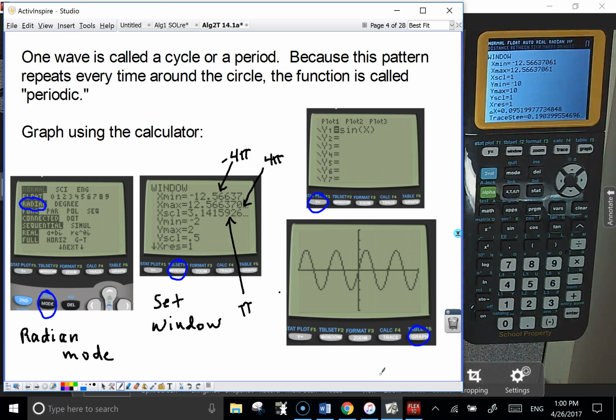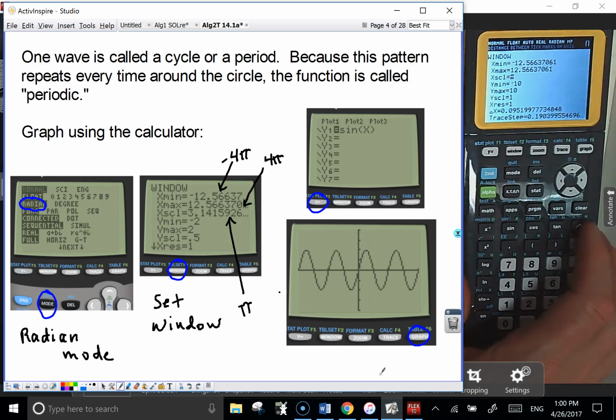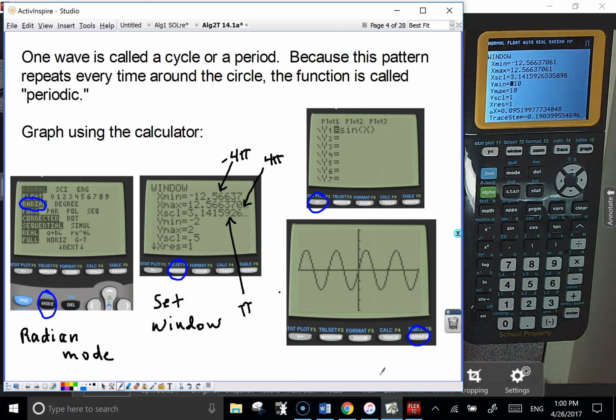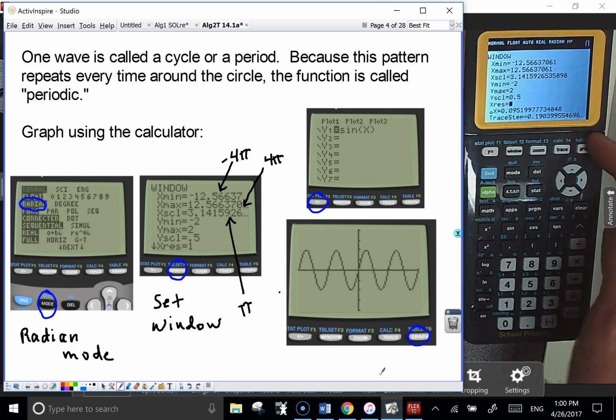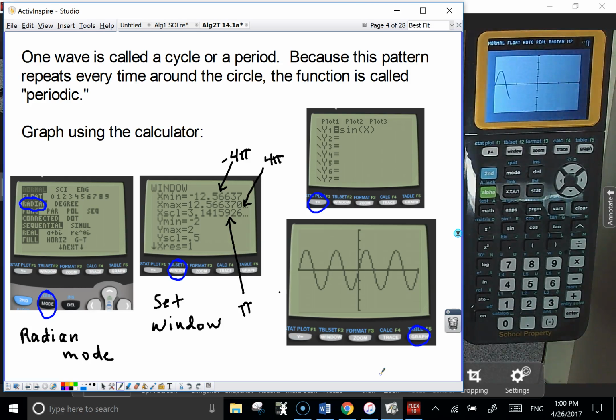I'm going to make the scale in between, looks like I said to make it every pi. So let's go second pi. And then I'll let my y values go from -2 to 2. And the scale of that, I'll say, let the tick marks be every 0.5. Okay, now if I hit graph, it's going to change what we're looking at.